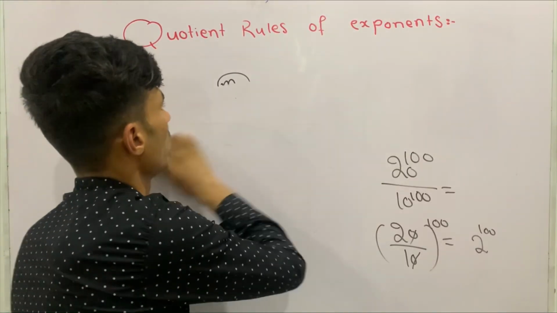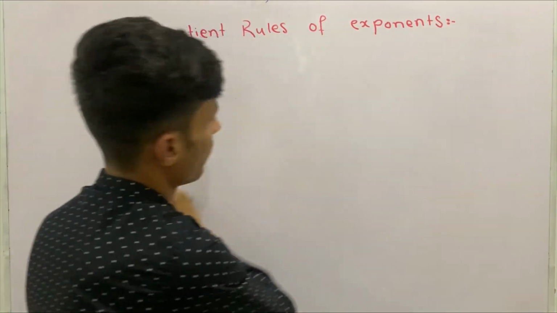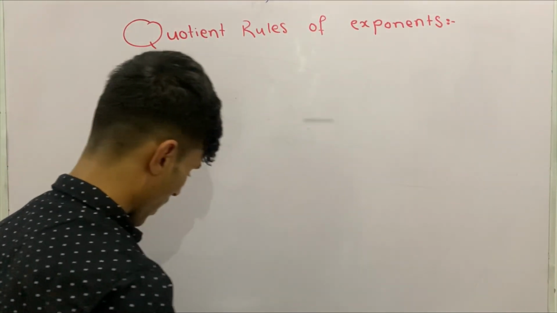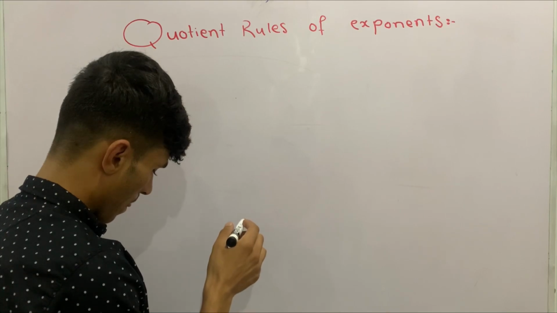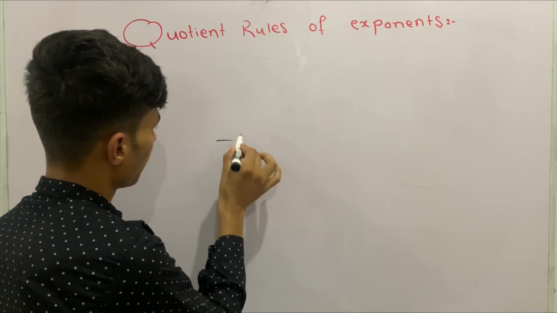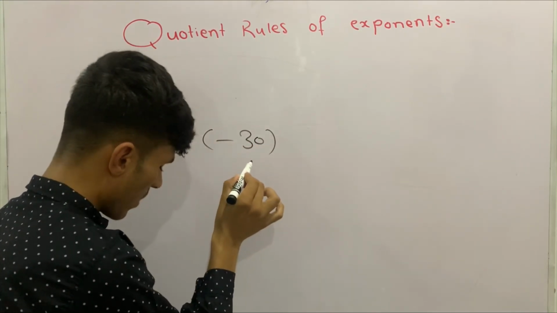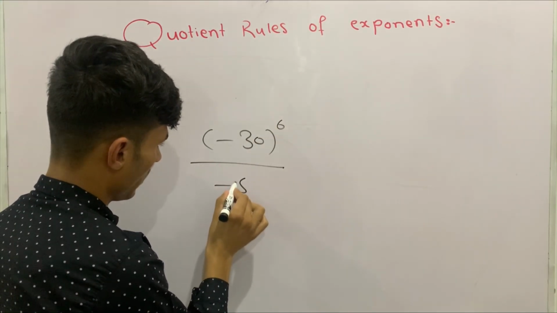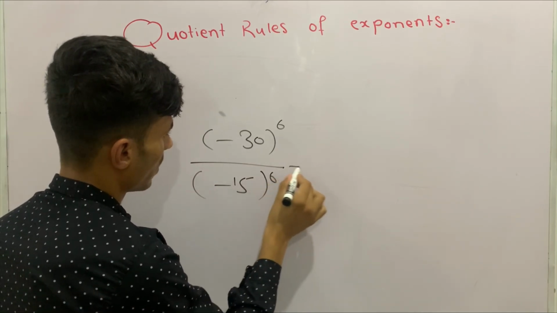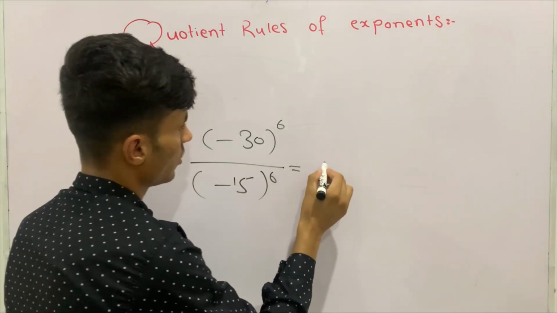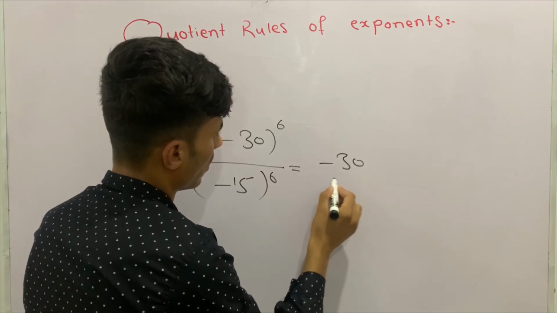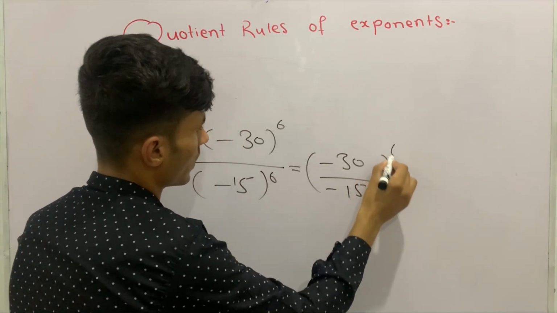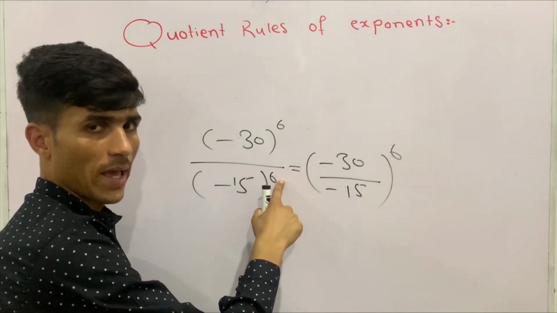Let me just share with you the very last example of the second quotient rule for exponents as well. That is negative 30 all to the power 6 divided by negative 15 all to the power 6. So dividing the bases by each other, negative 30 divided by negative 15 whole to the 6th, taking the common exponent.